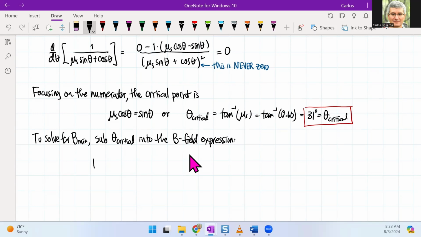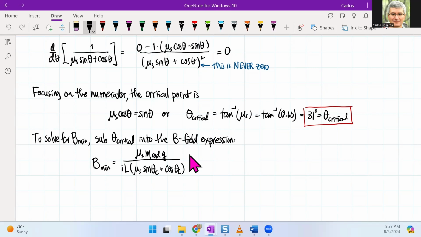So I'm going to get B minimum, and this will be IL times mu_s sine theta critical plus cosine of theta critical divided into mu_s m_rod g.